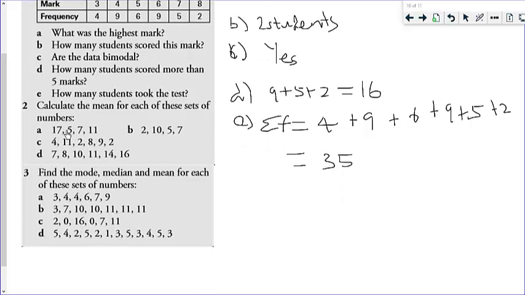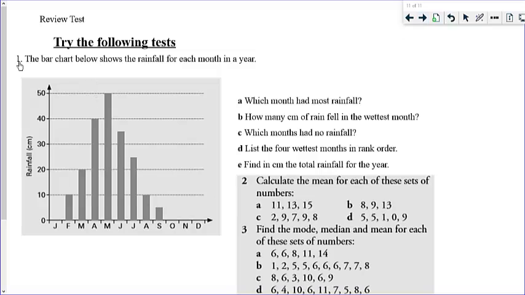Now, number 2, calculate the mean for each of these sets of numbers. The mean. So I'll leave this for you as an exercise. In addition to this, try the following tests.